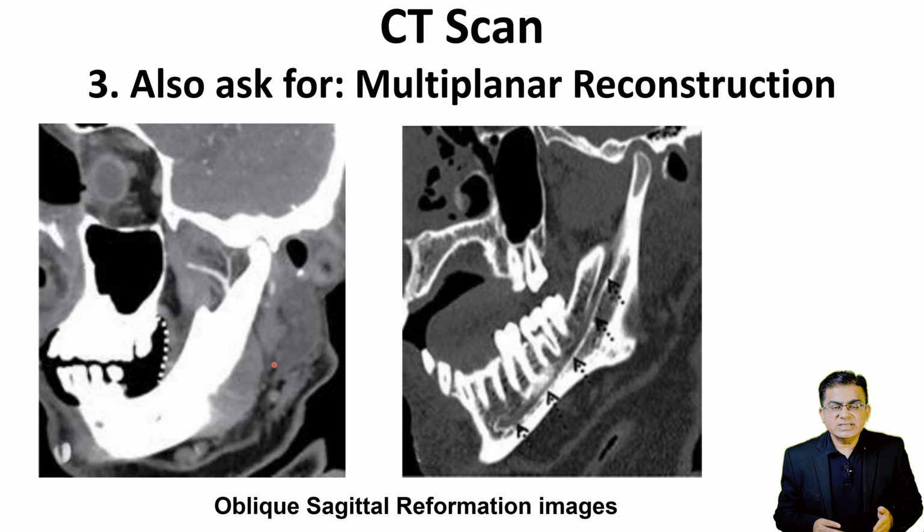In this image, you can see the retromolar trigone, shown with a dotted white line, which is the mucosal fold in the area posterior to the mandibular last molar, extending along the ascending ramus of the mandible up to the maxillary last molar. If you had not done multiplanar reconstruction and looked only in standard axial, sagittal or coronal view, you wouldn't have seen it so clearly.